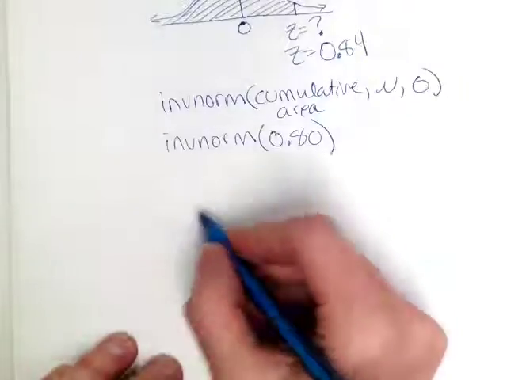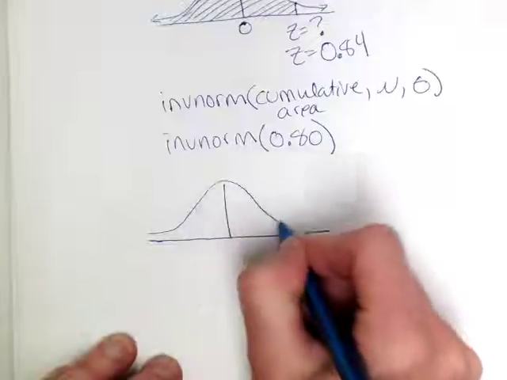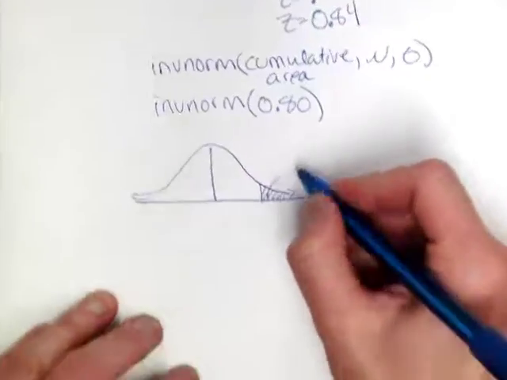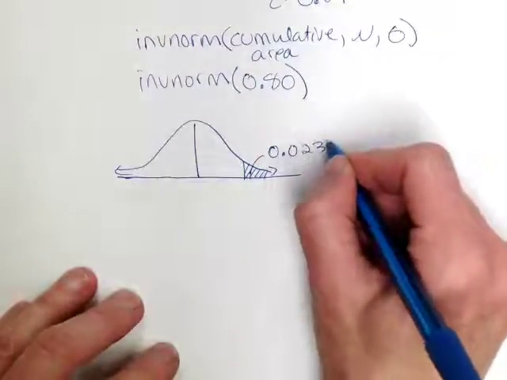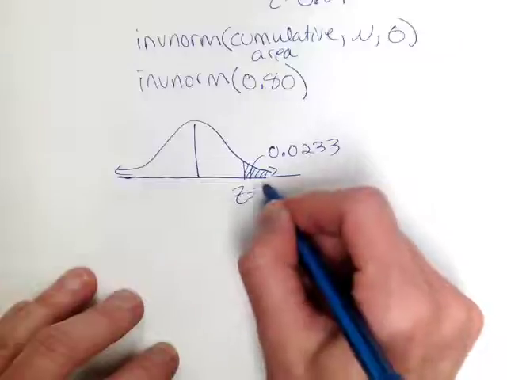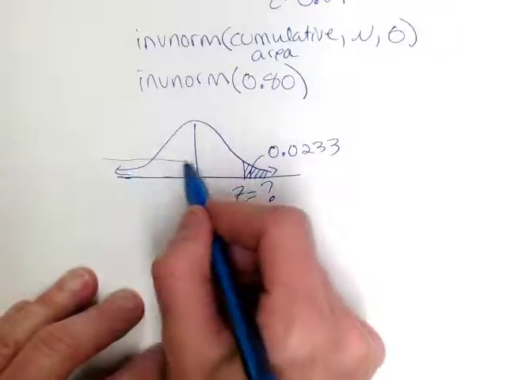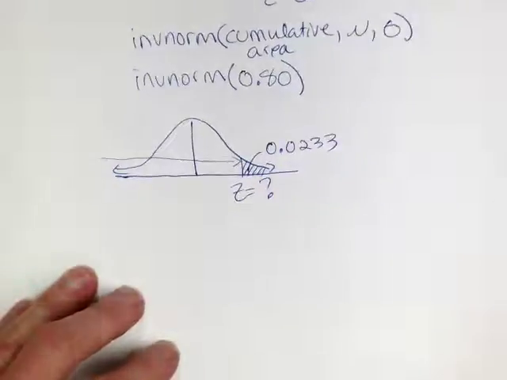What I'm saying here is I have this upper tail shaded, and it has an area of 0.0233. We want this z-score. But our standard normal table needs this cumulative area, and also our calculator needs that cumulative area.